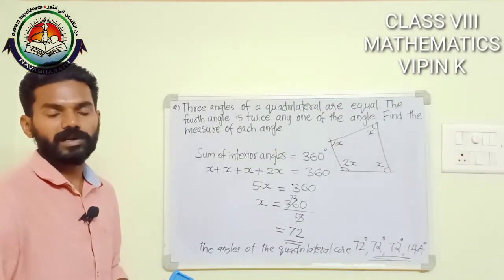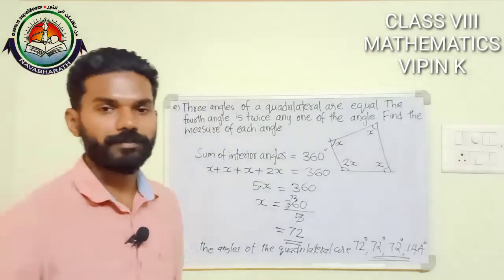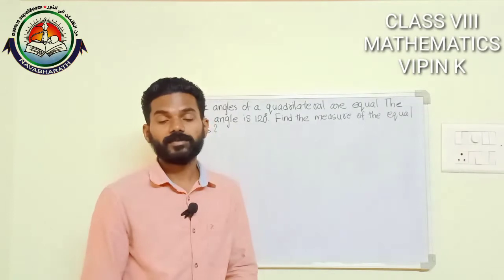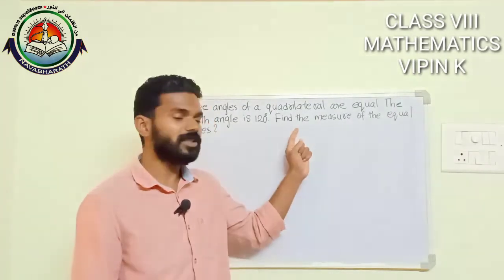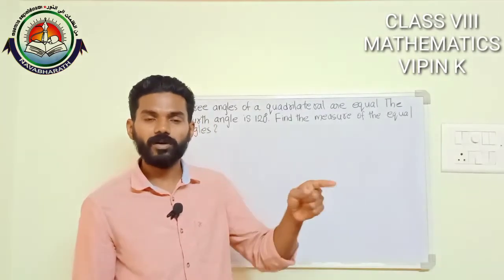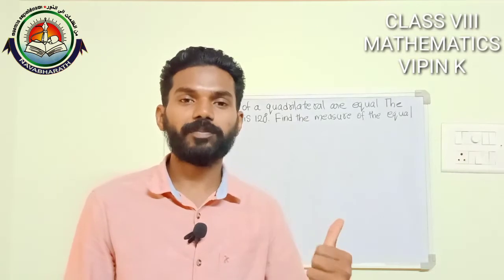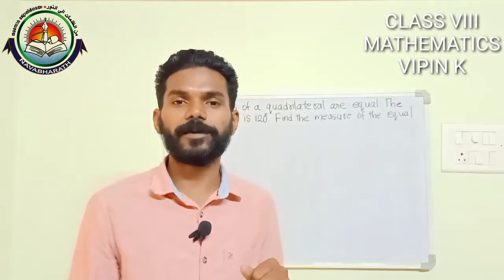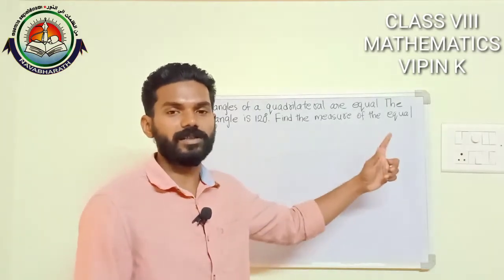I hope you are clear. So let's do another problem. Listen here. Here is another question given for you. And this problem is also similar to one that we have discussed in the previous section. So first of all, read and understand the question.